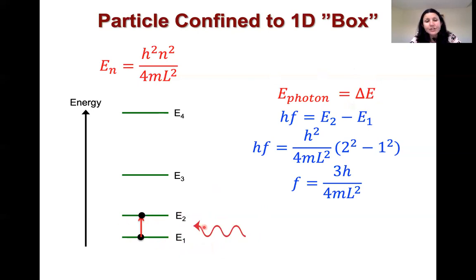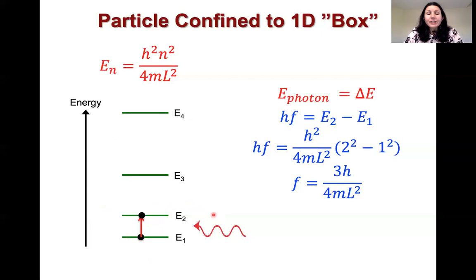So even if the energy of the photon was a little bit more, so let's say if this was 2 electron volts, if it was 2.1 electron volts, it wouldn't be absorbed because there would be no energy that particle could go to. It only is allowed quantum mechanically to have these very specific energy levels.